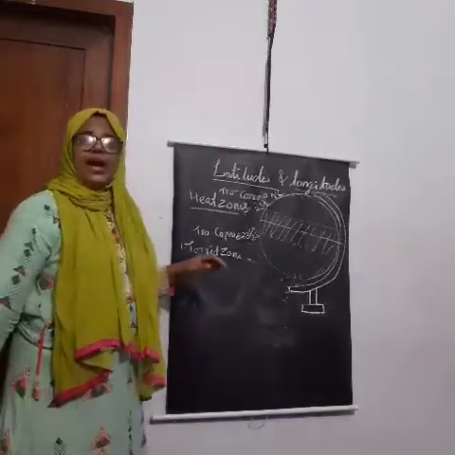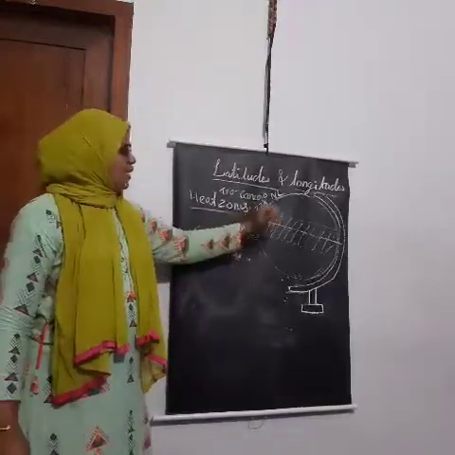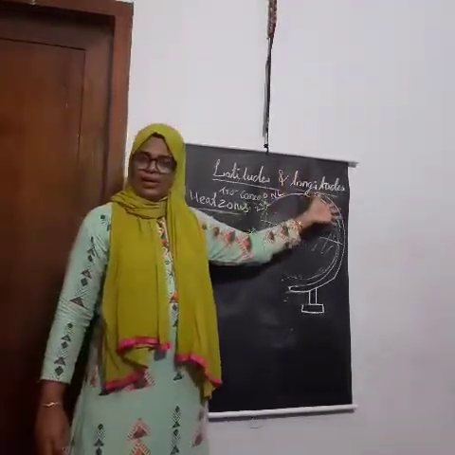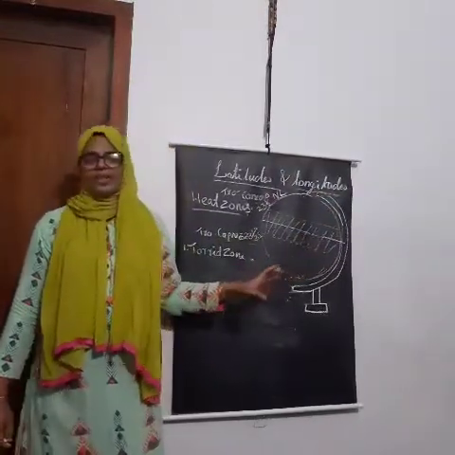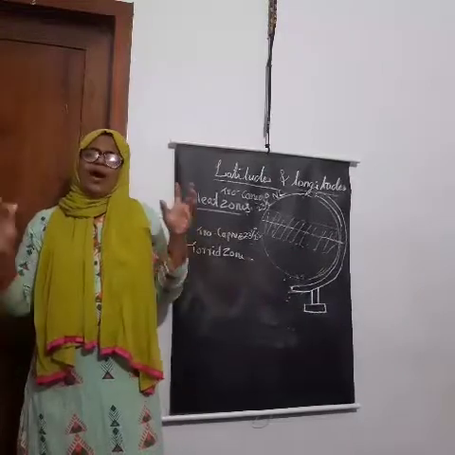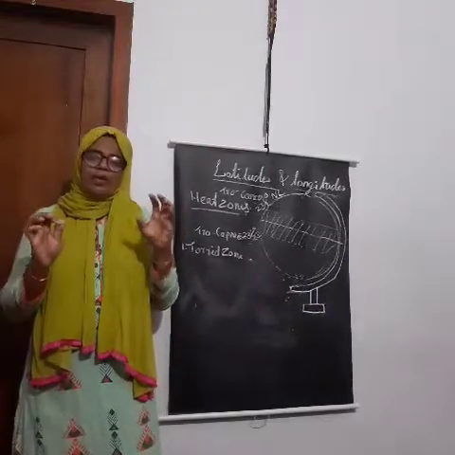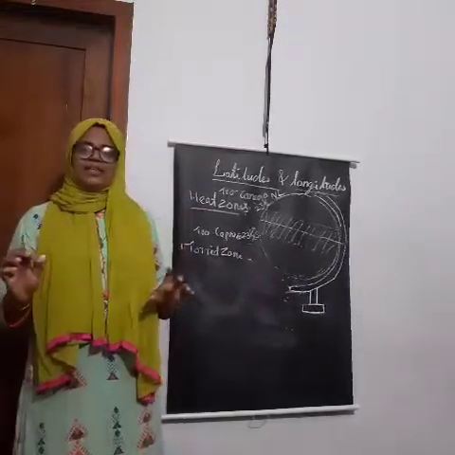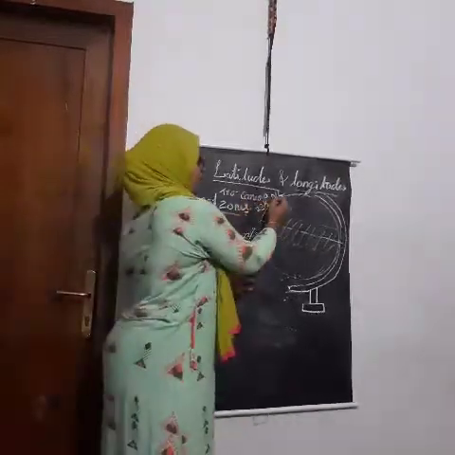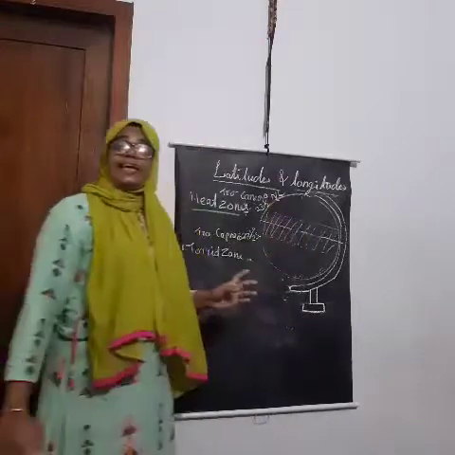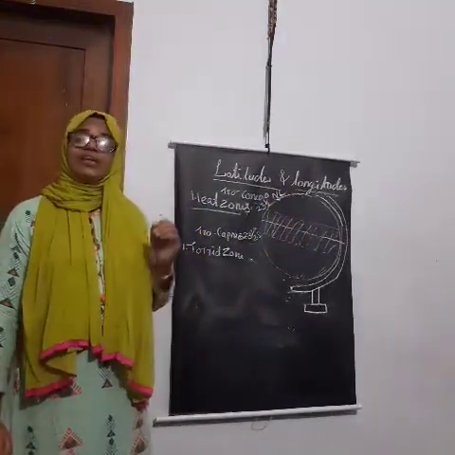Now let's move to another zone. Moving to the northern part in the northern hemisphere and moving to the southern part in the southern hemisphere, the quantity of heat will be decreasing. Here is one important latitude, that is 66.5 degree north latitude.